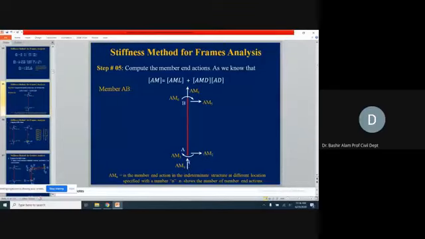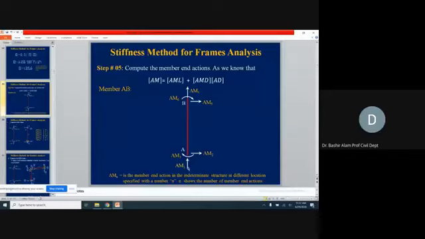I start with the vertical, followed by horizontal, and then moment at a particular joint. Upward, rightward, and clockwise I assume as my positive signs.